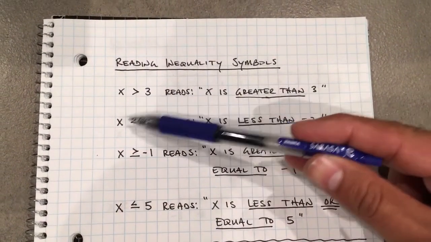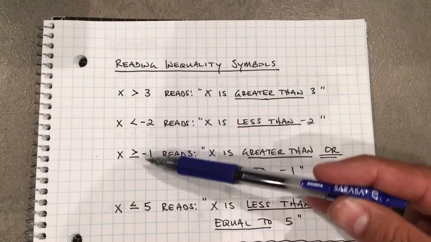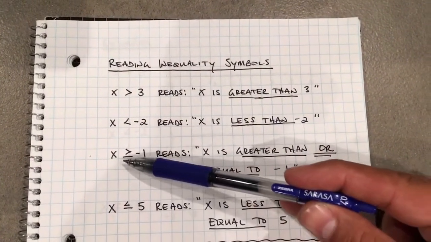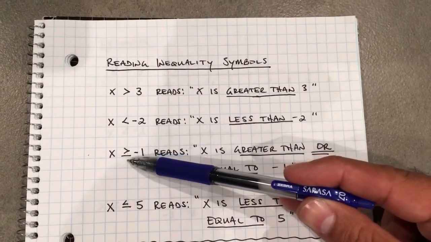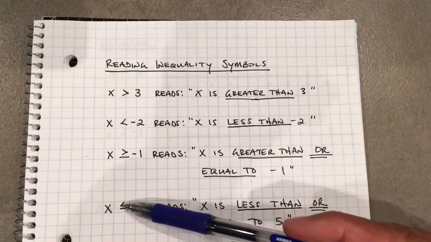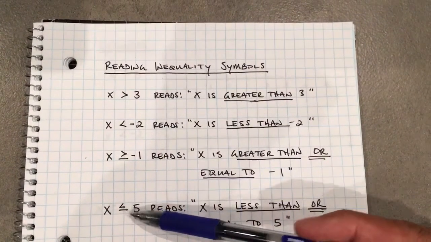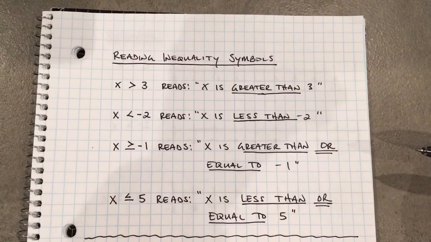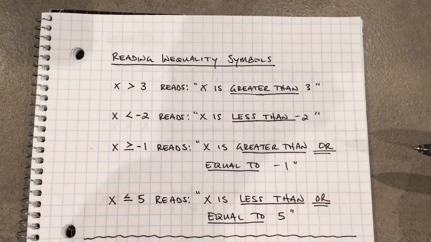And I'm reading them from left to right. When it has the line underneath, you can read this as x is greater than or equal to -1. And this one is x is less than or equal to 5. You can take a minute to pause this and write those notes down if you wish.